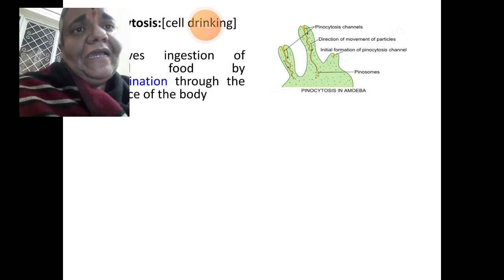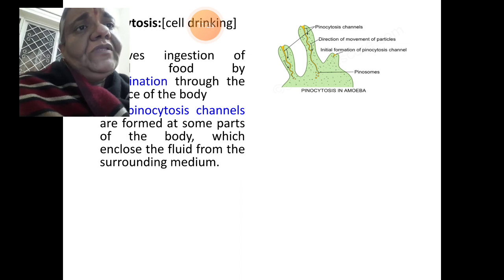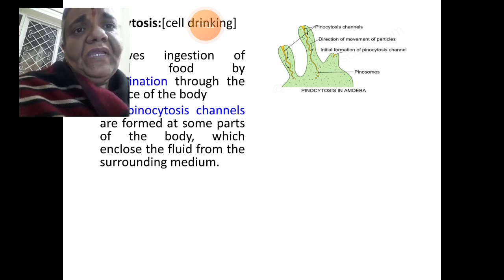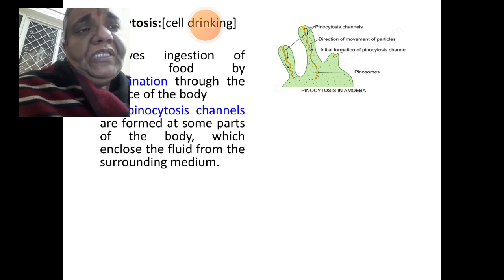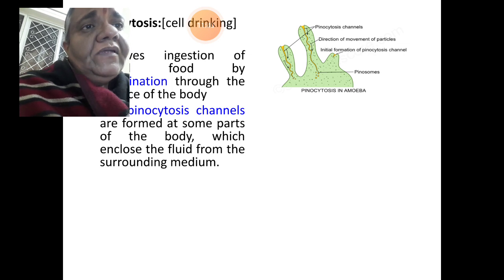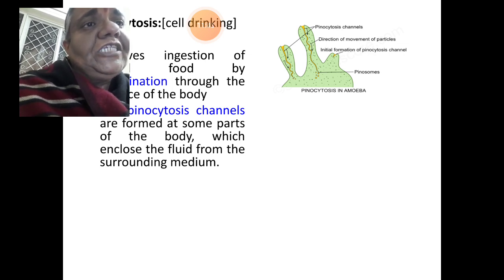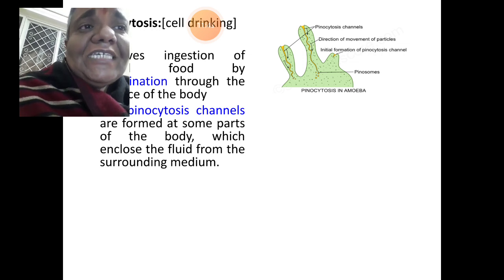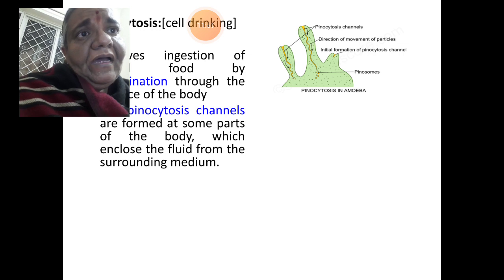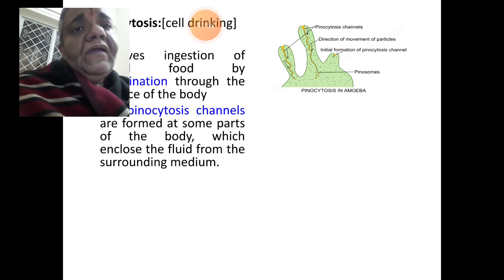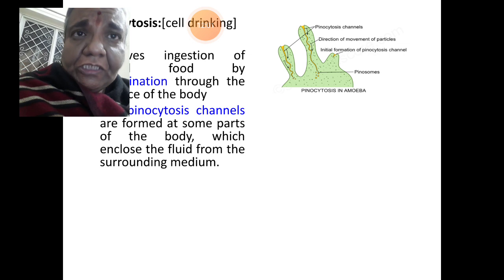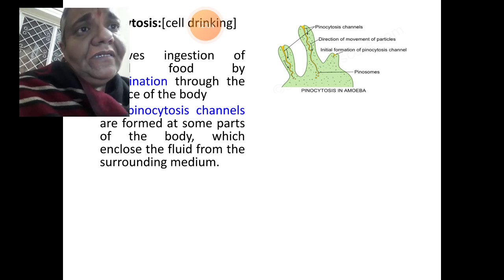Let us see what exactly happens here. The pinocytosis channels are formed at some parts of the body. In the diagram you can see at 3 places pinocytosis channels are formed. So the one here is the initial formation of a pinocytosis channel. Then later it extends deep inside the cell and it encloses the fluid that needs to be taken inside the cell from the surrounding medium.